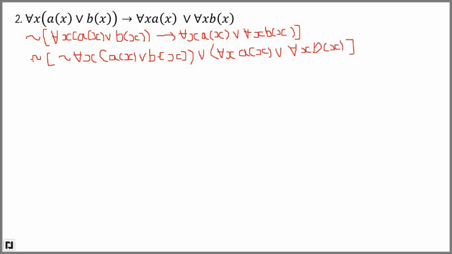After this step, the outer negation comes in and cancels out the first negation. Here we get and because of the negation, and here we have negation for all x of A of x.